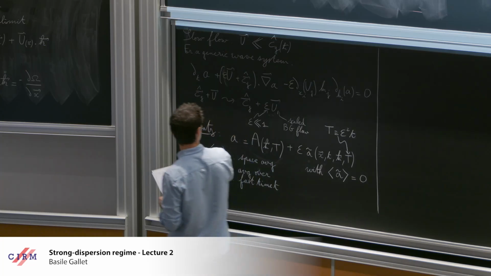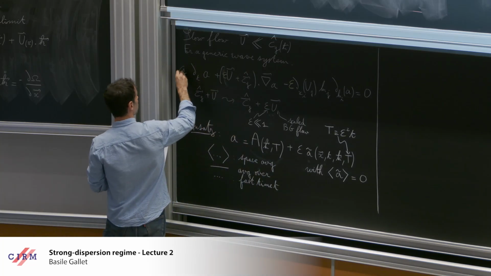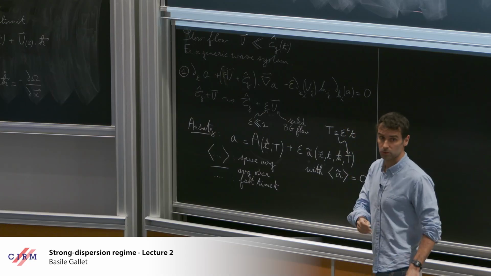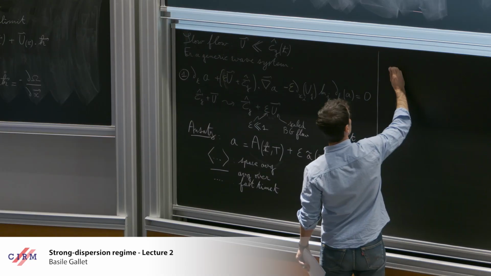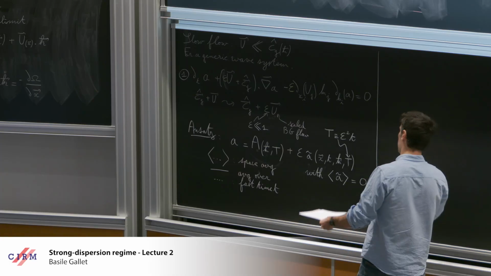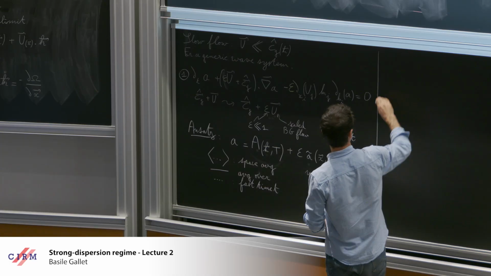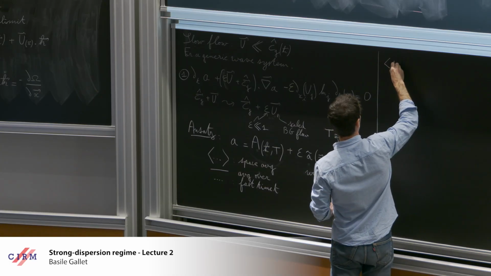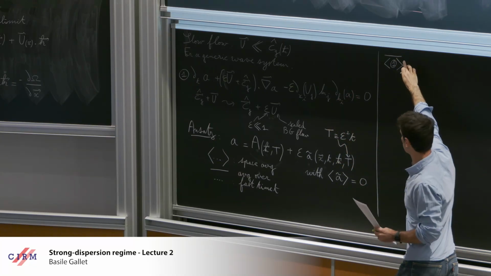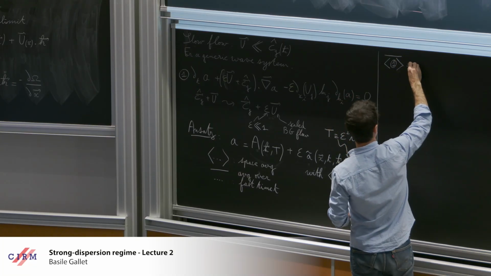So I want to solve that equation at various orders. So the first thing I'm going to do is compute an evolution equation for this capital A. So I should carry out the expansion, compute a solvability condition, etc. There are shortcuts. So I'm going to average over space and fast time.